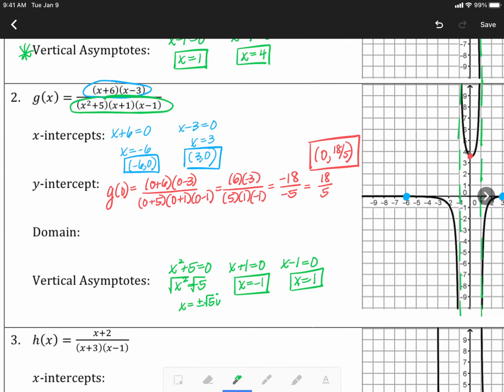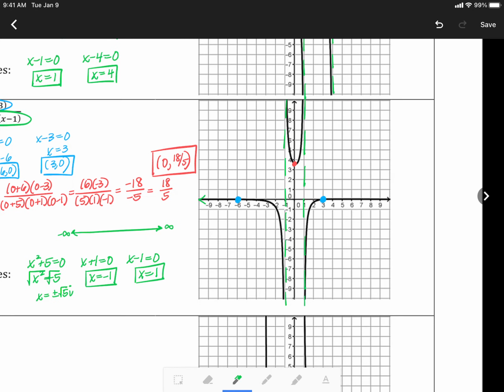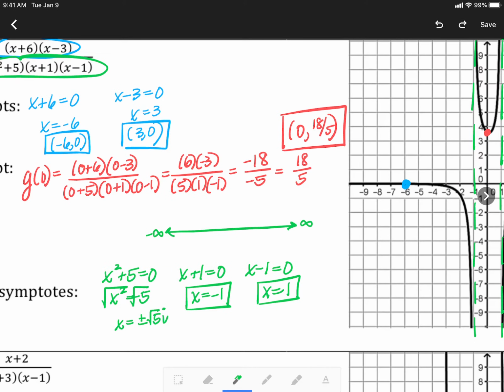So I told you for domain, I like to think of it as a number line where my graph does go from negative infinity to positive infinity because it does kind of go off in either direction. You can see that from the graph really clearly. It goes off in either direction, left and right. But there's a hole at the first asymptote, negative 1, a hole at the second asymptote, positive 1, but every number in between works.